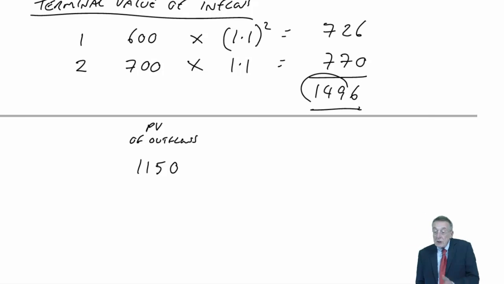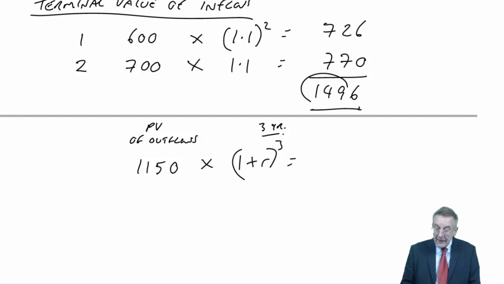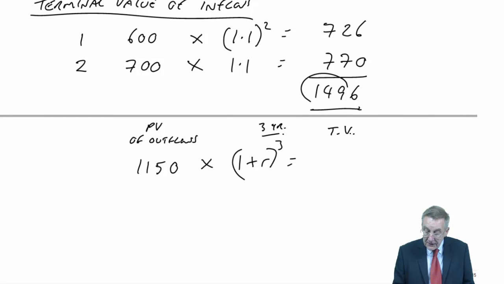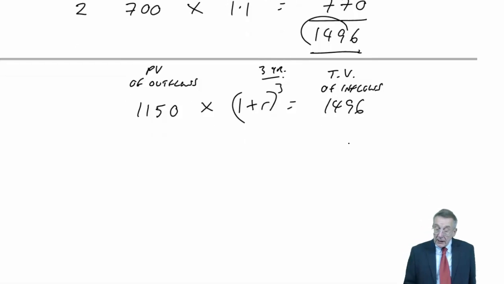What rate of interest would grow that after 3 years to 1496? Well, you'd multiply by 1 plus r cubed. R, the rate of interest, cubed because it's a 3-year project, would then be equal to the terminal value of the inflows, 1496.